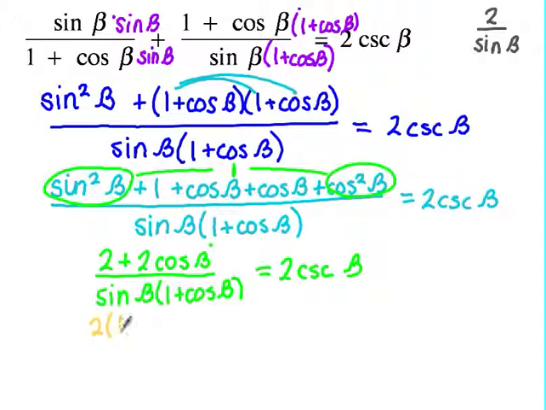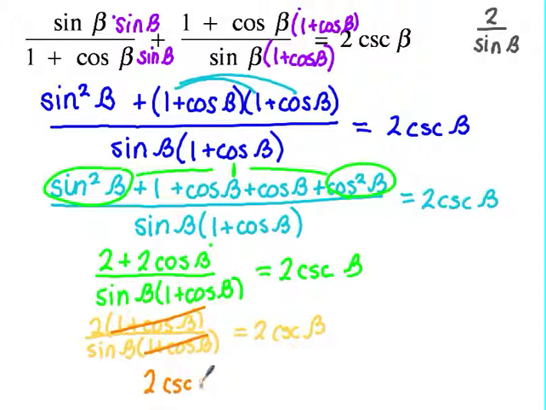Let's take out a 2, and so then I have 1 plus cosine, which now we're getting really close. For sake of room, I'm running out of room up here. So when I cancel these, I know that 2 over sine will actually equal 2 cosecant. So I'm going to jump right now to the answer.